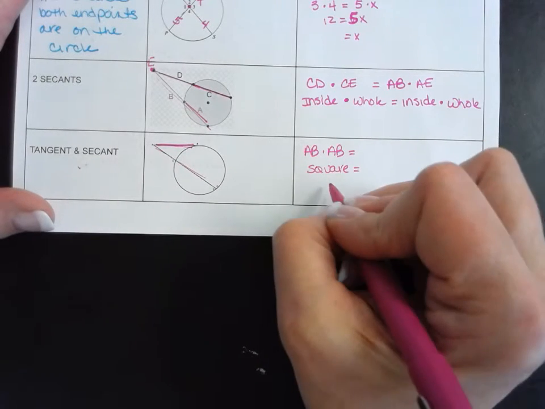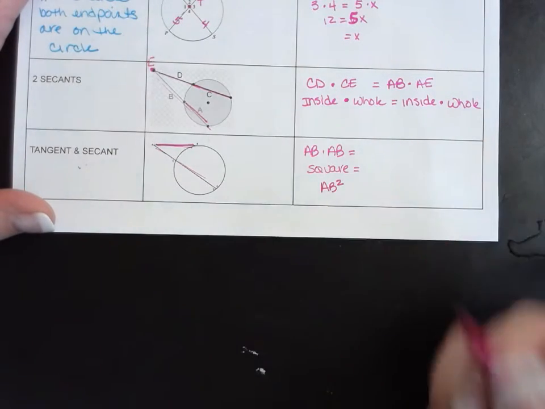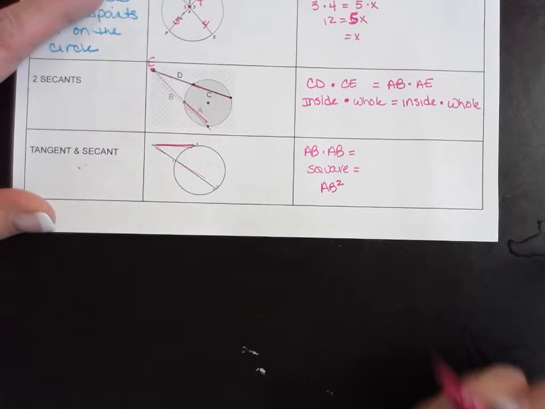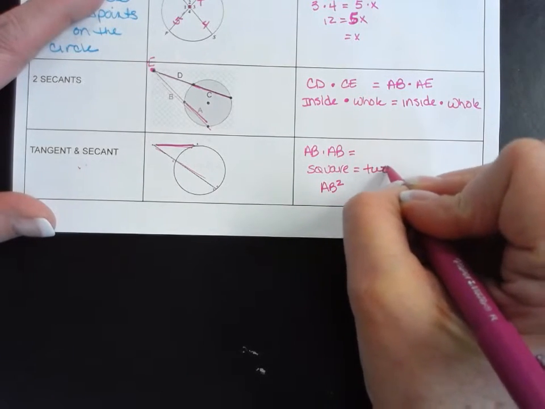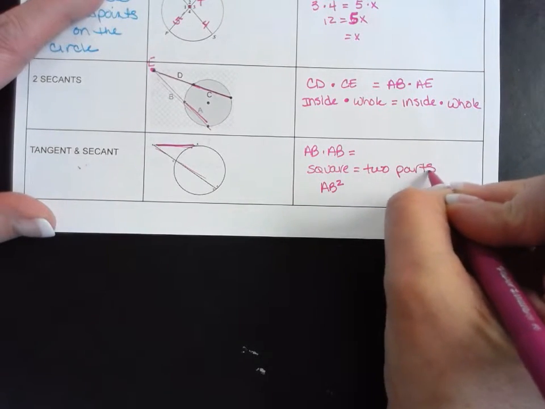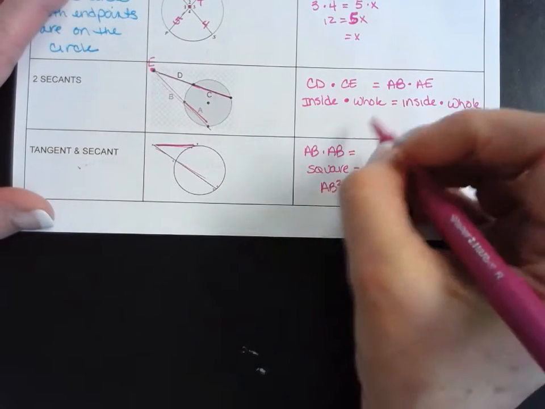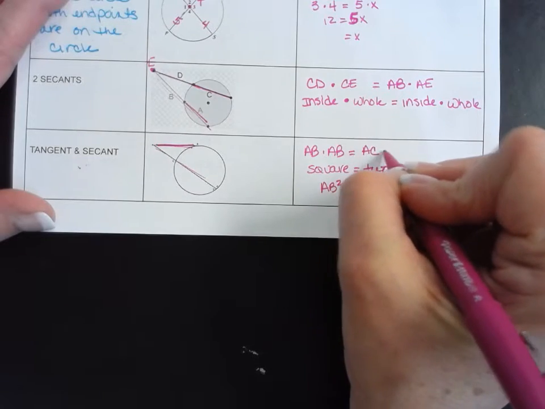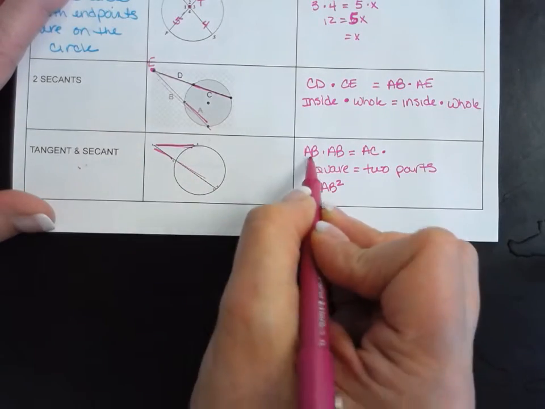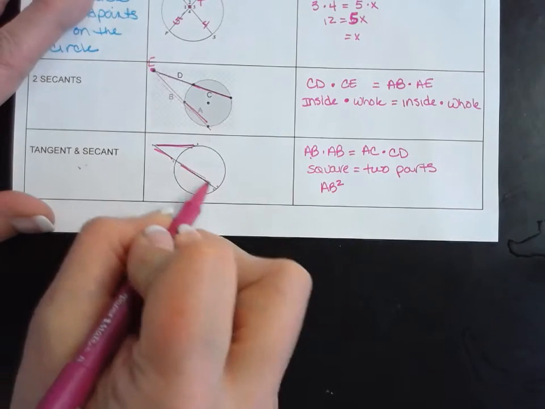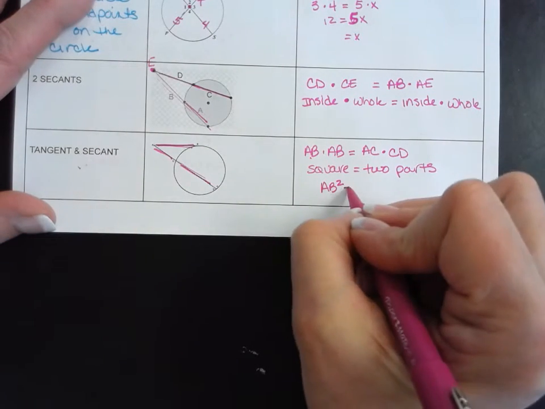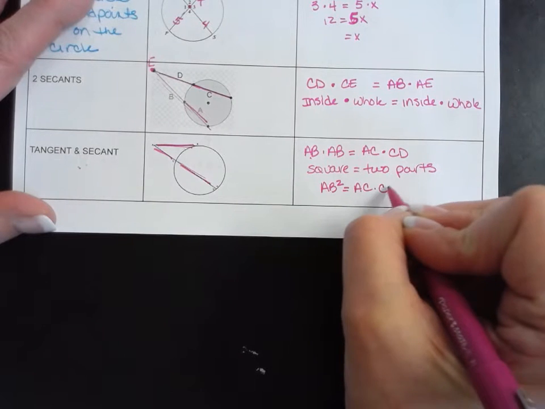So I'm going to have AB squared, and then it's going to be equal to the two parts. So I'll have AC for my outside to go with the first one, and then CD for the inside part.